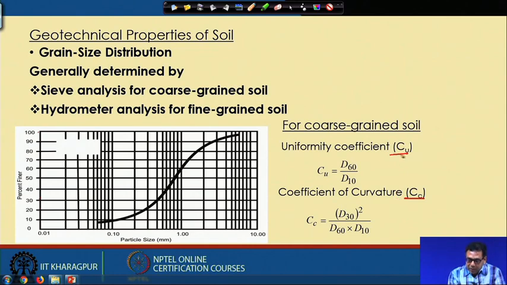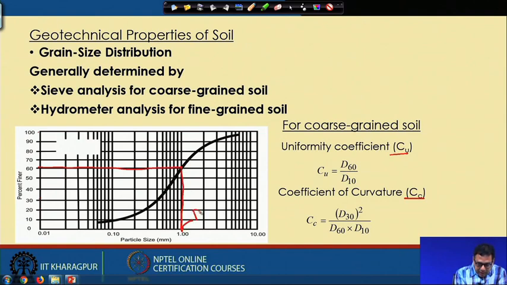The uniformity coefficient Cu is defined as D60 divided by D10, and the coefficient of curvature is D30 square divided by D60 into D10. Now, what are D60, D10 and D30? D60 is a particle size. Suppose this is the 60, and this is the particle size.